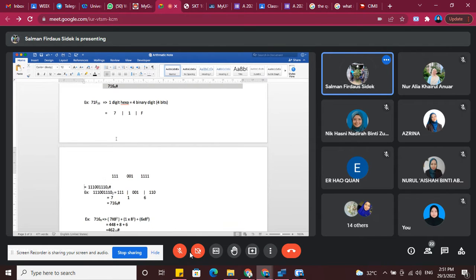And then 1, how to represent 1 using 4 bit? Senang je ni. Ini 3 bit.